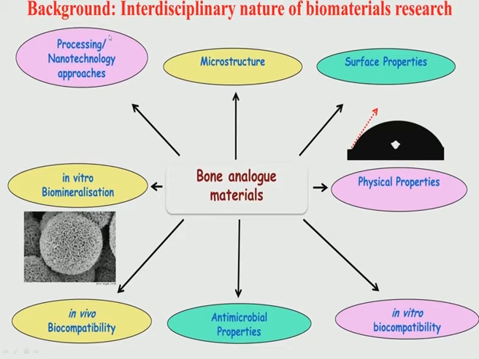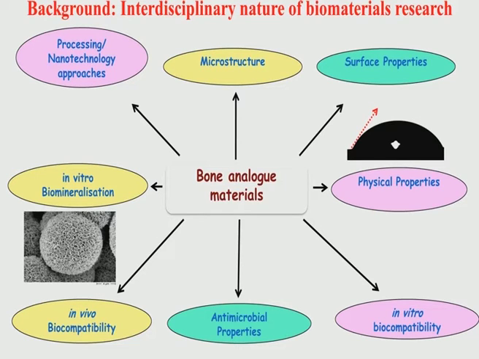Remember, natural bone is a collagen and hydroxyapatite based nanobiocomposite. Collagen is one kind of protein. What is protein? I will introduce you to that later. Collagen is one type of protein, and hydroxyapatite is the inorganic part of the human natural bone.